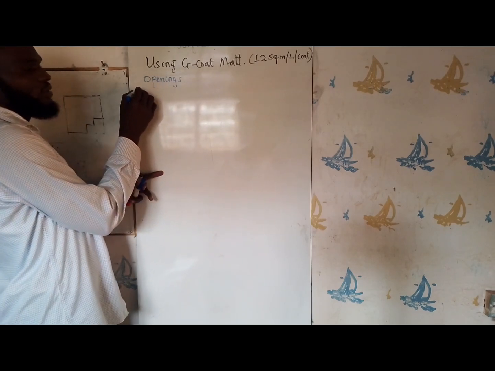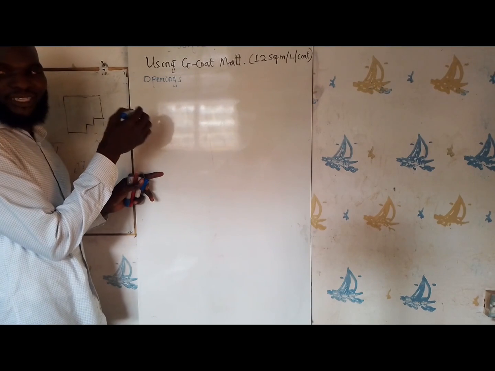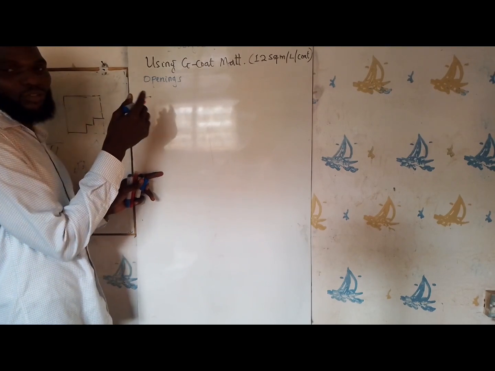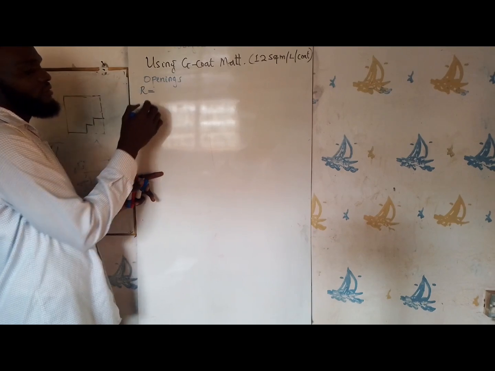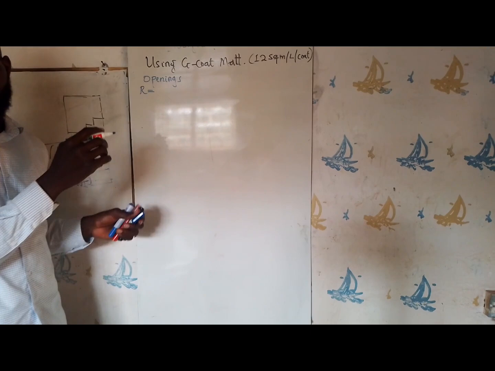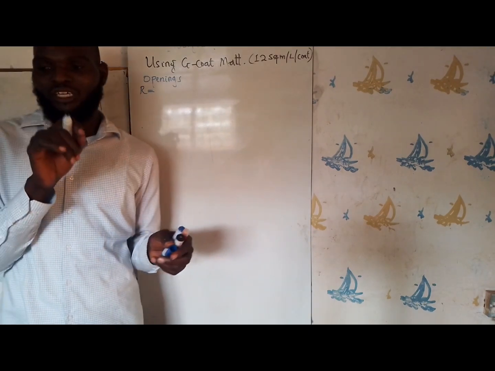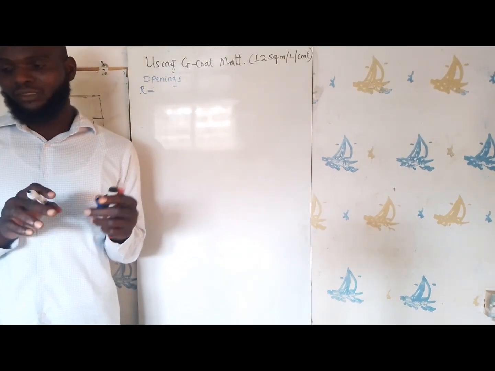So in order not to omit anyone, we don't do it randomly, we do it side by side. Let's start from the right side. What are the openings that we have on the right side? We need to check the two plans.